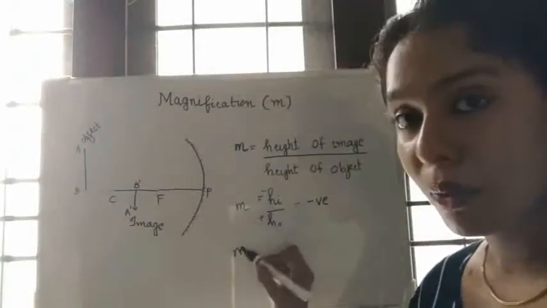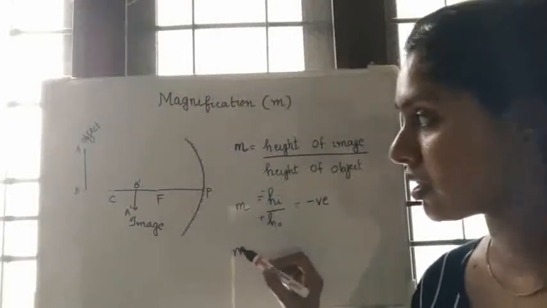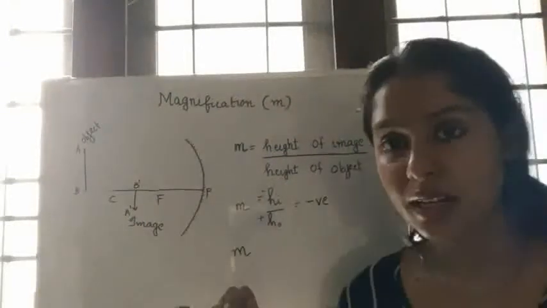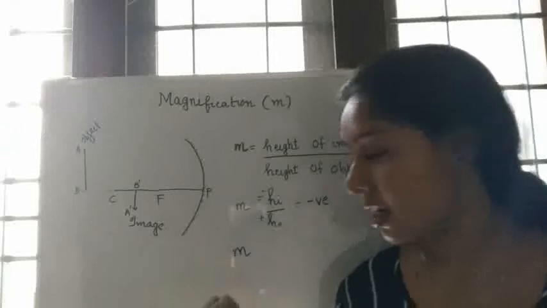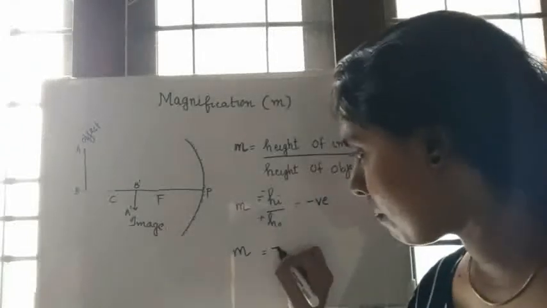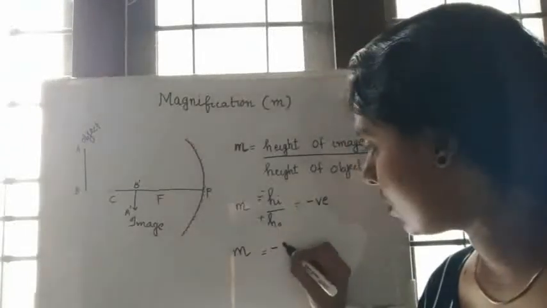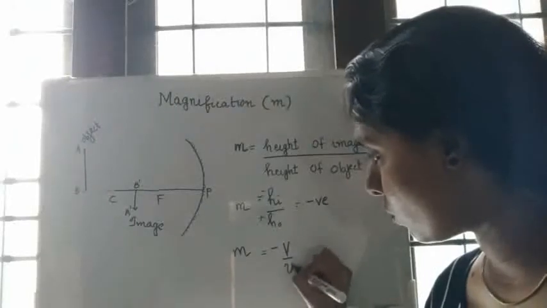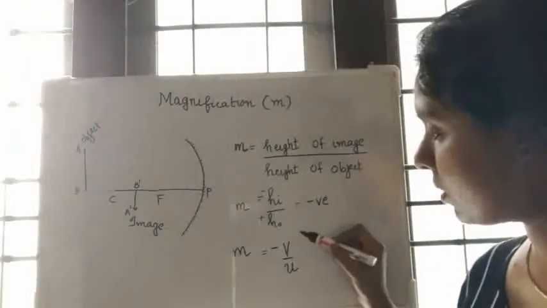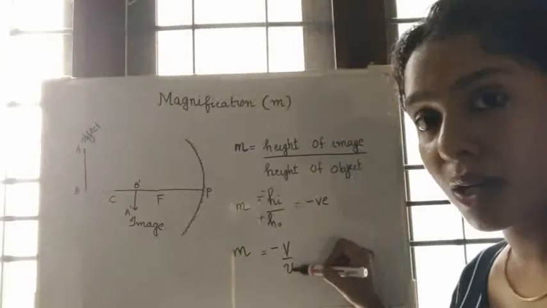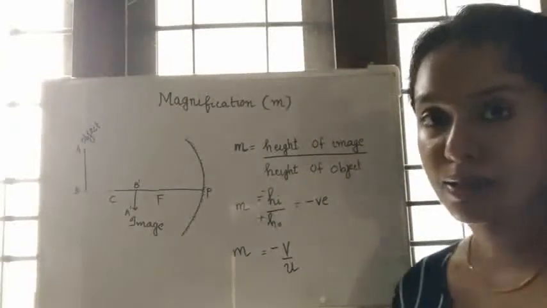There is one more equation for magnification in terms of object distance and image distance. It is given by minus v by u, negative of image distance by object distance.